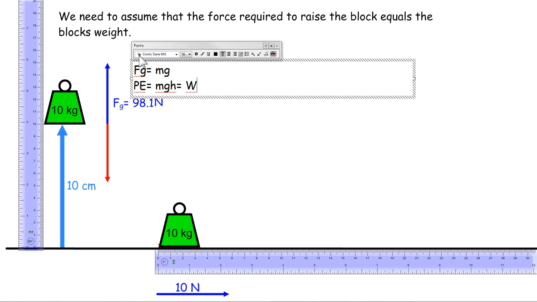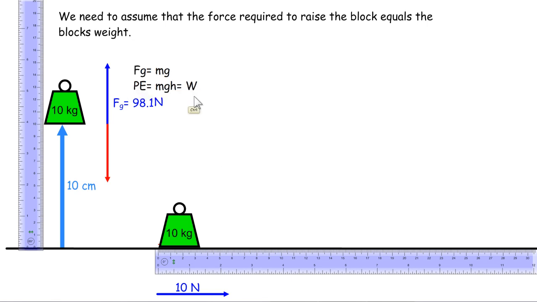So if work equals mgh, I can start using this to come up with the equation. mg equals F sub g. So the amount of force that I had to lift up on that 10 kilogram mass, which happened to be 98.1 newtons, is mg.